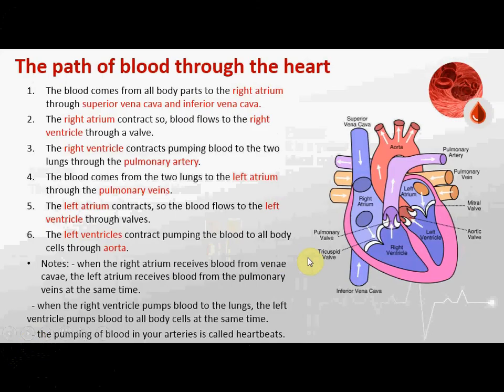The second part, we will talk about blood circulation. Firstly, we have the path of blood through the heart. The first step is the right atrium. The blood comes to the right atrium from the superior vena cava and inferior vena cava.